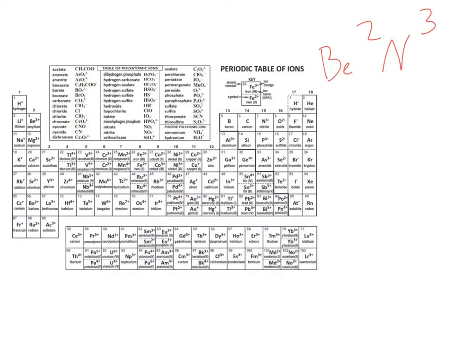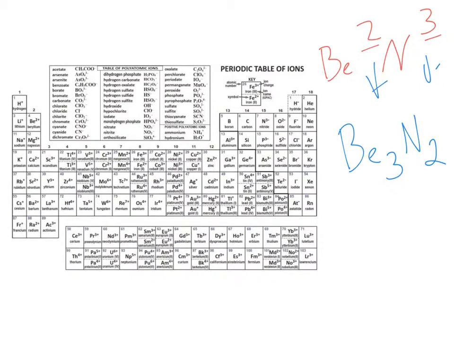You take the element symbol and the superscript up here, and you swap the numbers up top and drop them down below. So the number that went with nitride before was 3, that number is going to go to beryllium now, and I'm going to drop it down. And the number that was with beryllium, which was 2, is going to now belong to my nitride.